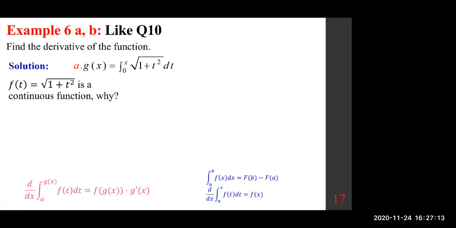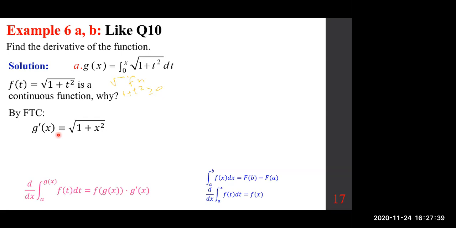Remember the domain, how do you find it? You set 1 plus t squared greater than or equal to 0, and it's all real numbers. So everything works, and therefore the derivative is simply the square root of 1 plus x squared by the FTC.